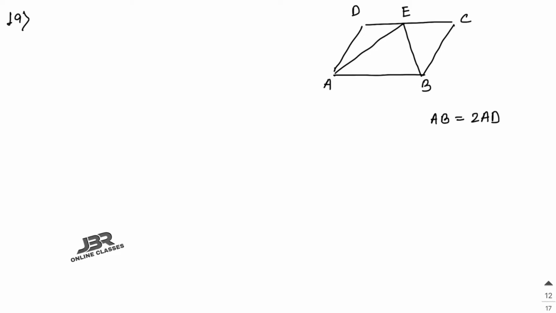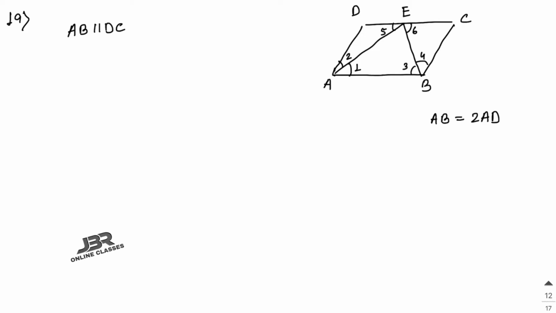As AE is the bisector of angle A, this angle is equal to this one, so angles 1 and 2 are equal. This is the bisector of angle B, so angles 3 and 4 are also equal. Now name this one as 5 and this one as 6. As ABCD is a parallelogram, AB is parallel with DC.